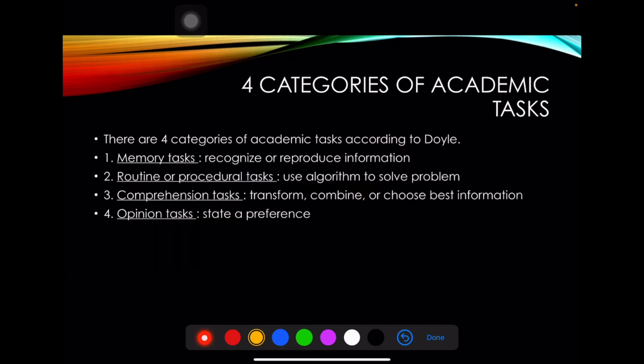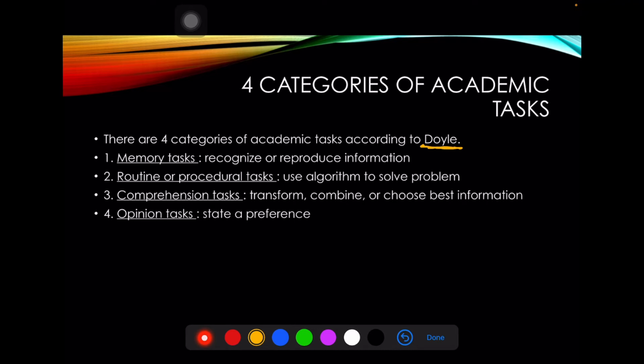Now there are 4 categories of academic tasks, according to Doyle once again. Number 1, memory task. That means recognize or reproduce information. You know the photosynthesis process. So when you meet up with a friend, or you are teaching at a tuition center, you will tell your students about the photosynthesis process.